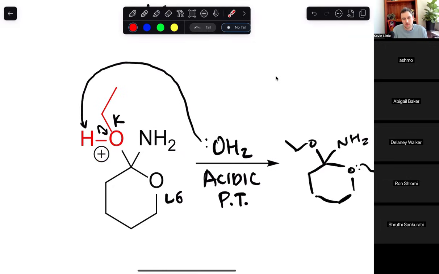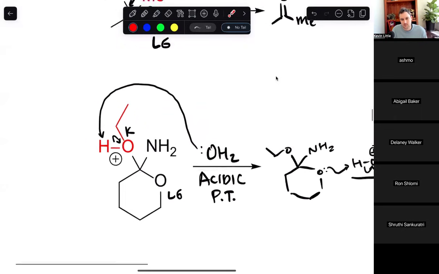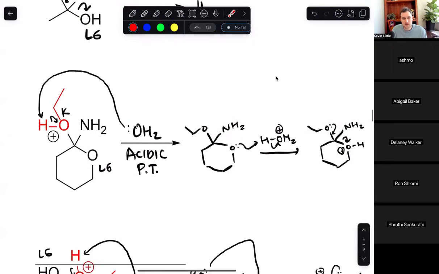Okay. So you have to do a proton shift if that is the case. Well, anytime there's a positive charge, you're going to do a proton transfer. So sometimes that positive charge is on the leaving group to start with. We need to get it on the leaving group. Okay, yeah, thank you. That's a good question.